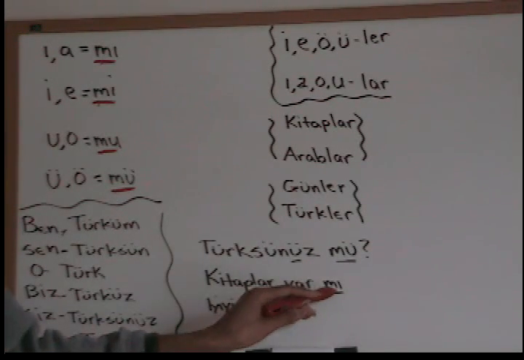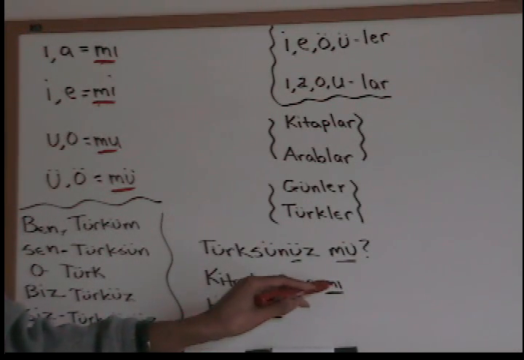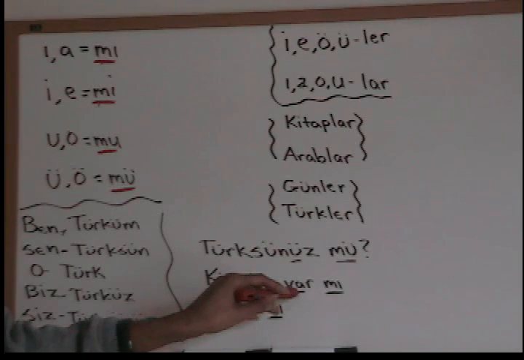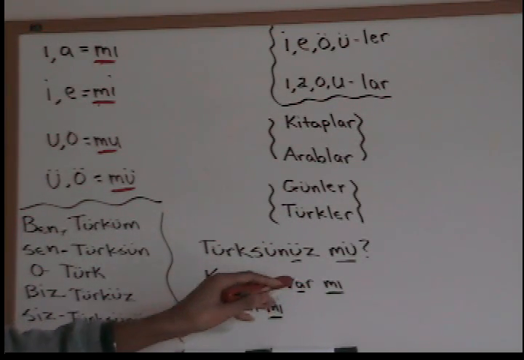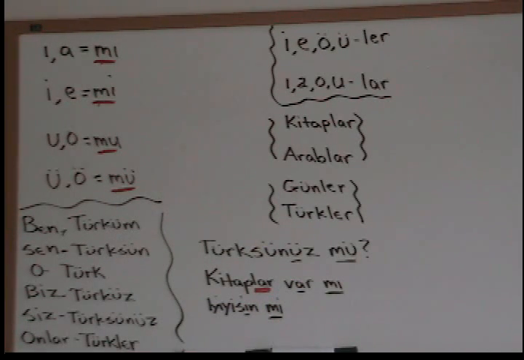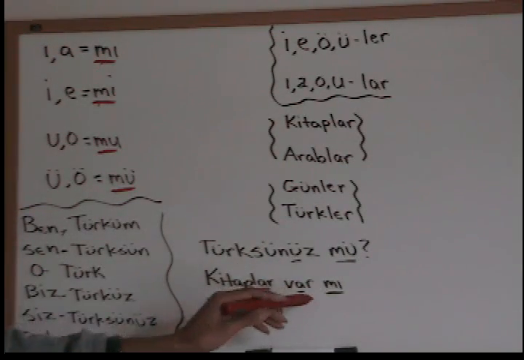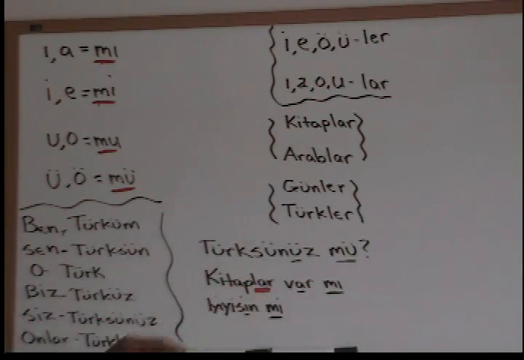So again, when you ask a question, now it's mı. Why? Because here you look at the second letter before the last. It's an A now. And what's our rule up here? If it's an A, it's going to be mı. So it's mı here. So var mı.